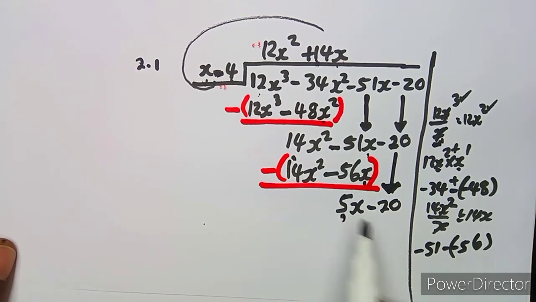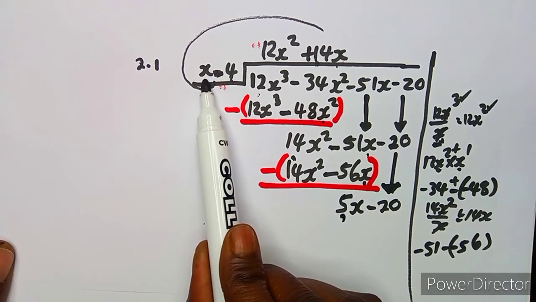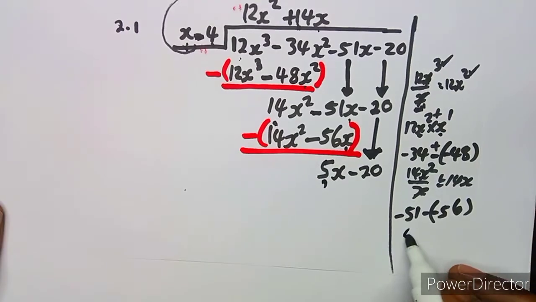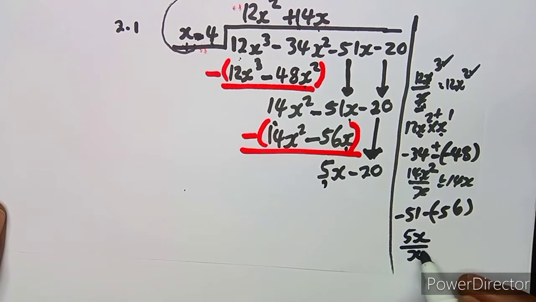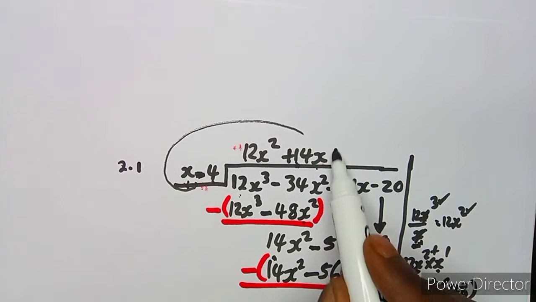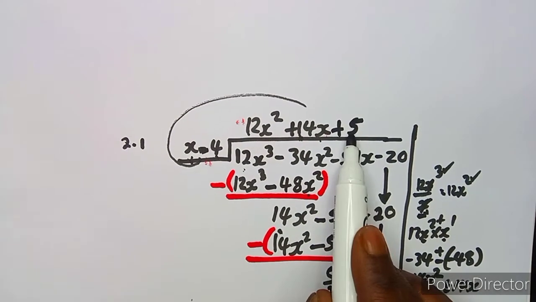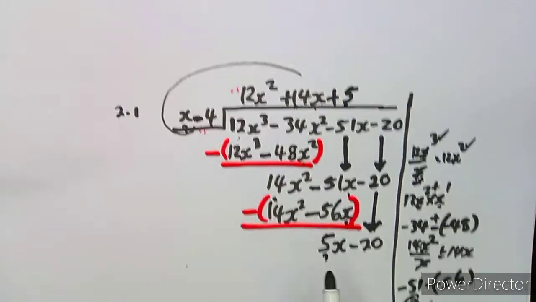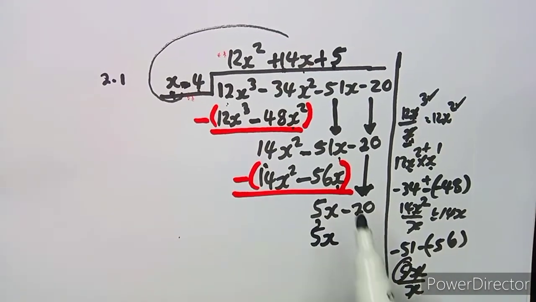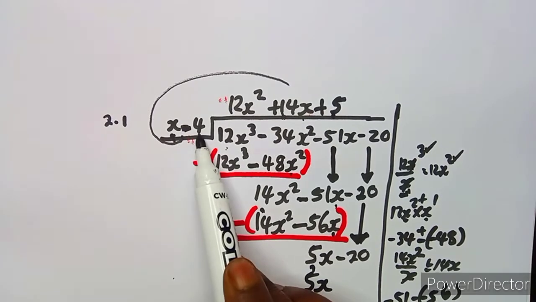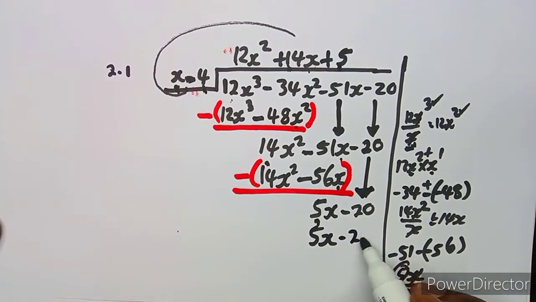5x, the first term, 5x divided by x, which is going to give us 5. As you can see, 5x and x can cancel. You remain with 5. So it's going to be plus 5. Then it multiplies back, plus 5 times x, which is 5x, plus 5 times minus 4, which is actually a negative 20 there.